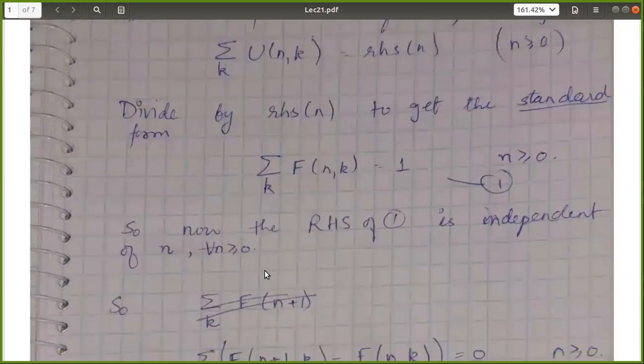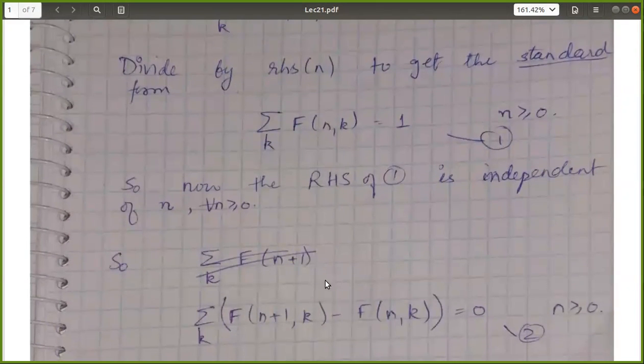But now the benefit is that this summation is 0, because this particular summation evaluates to 1 and the summation of f(n,k) over k is also evaluating to 1, so the difference is 0.